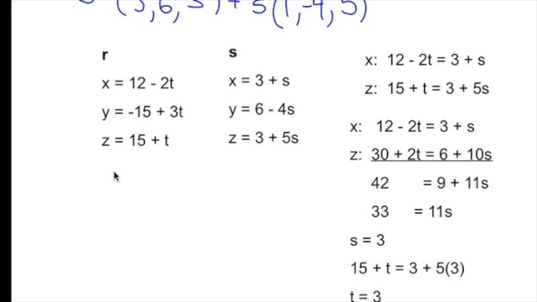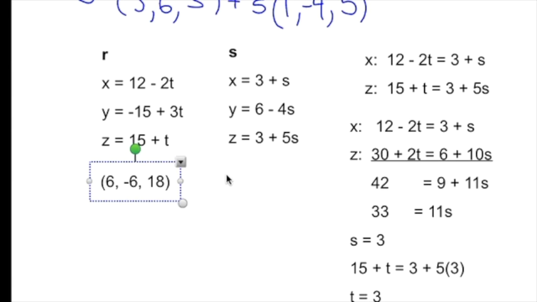So if I do that here in R, I get 12 minus 2 times 3, so 12 minus 6 would give me 6. Negative 15 plus 3 times 3, negative 15 plus 9 would be negative 6. And then 15 plus 3 would give me 18.